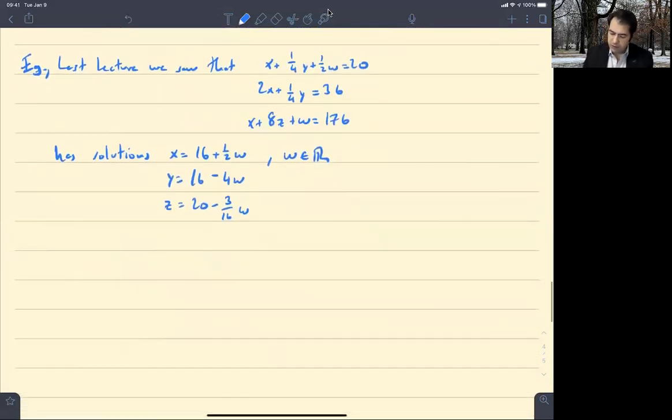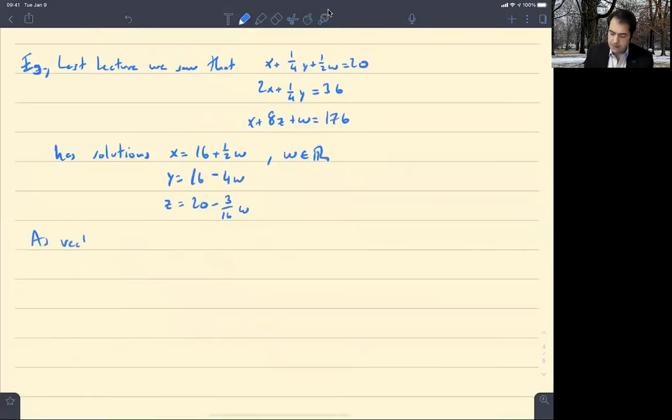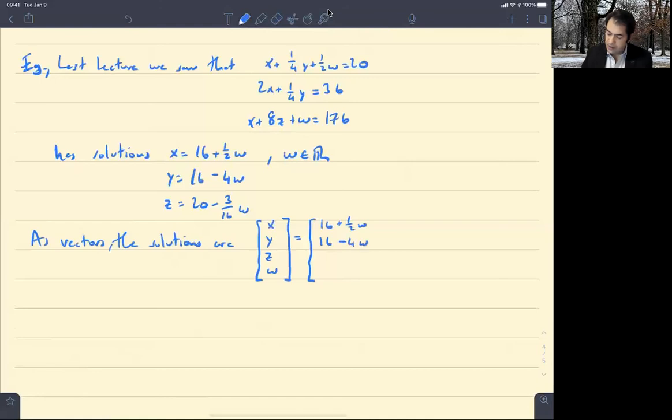If we write these as vectors, the solutions are, well, our vectors would have 4 entries, x, y, z, and w. Okay, now what do we know about x? x is equal to 16 plus 1/2 w. y, 16 minus 4w. z is 20 minus 3/16 w.